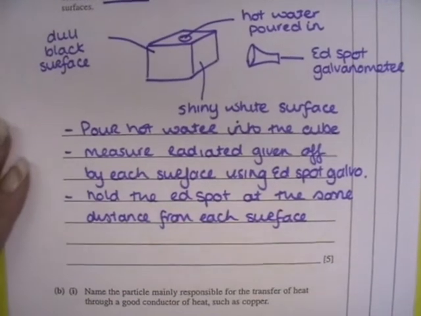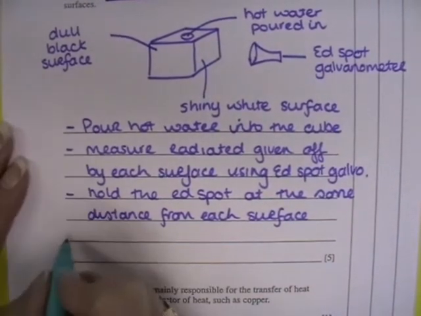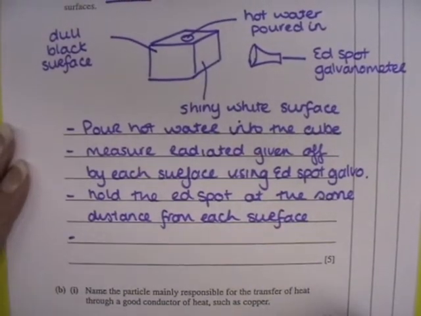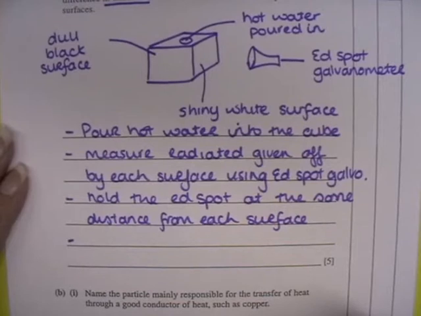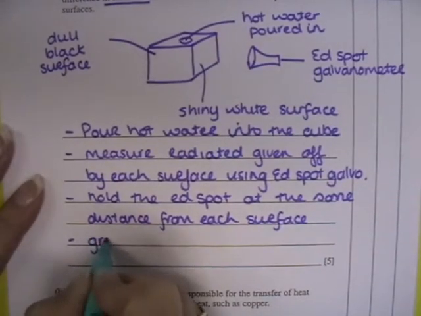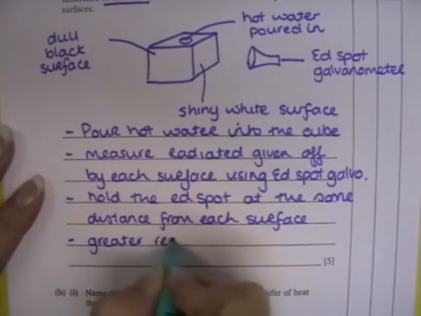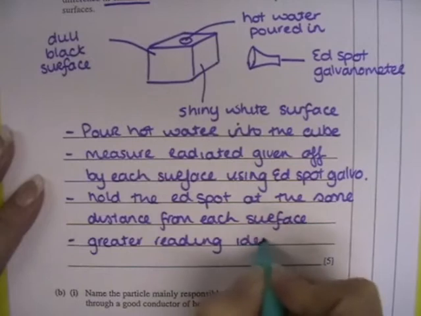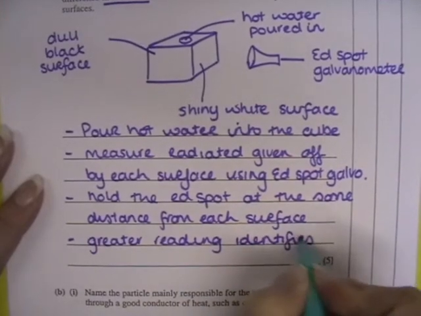And then the final thing to ensure that you're explaining how the results make sense, or the results tell you about the difference in emission, you must say that the greater reading on the galvanometer identifies the better emitter.